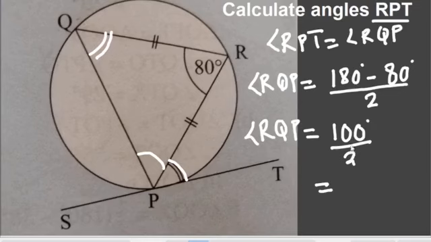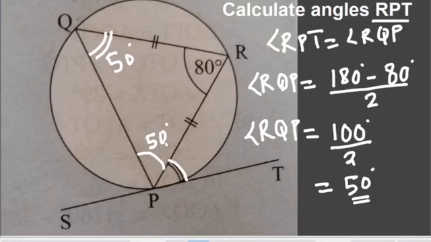So 2 into 100 will give us 50 degrees. So on Q right here, the angle is 50 degrees. Even here, the angle is 50 degrees, such that if you add 80 plus 50 plus 50 it gives us 180.